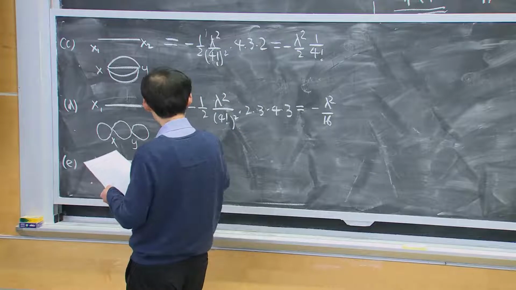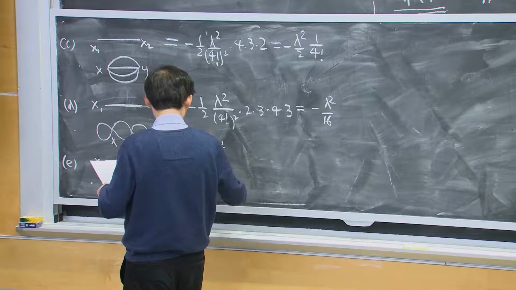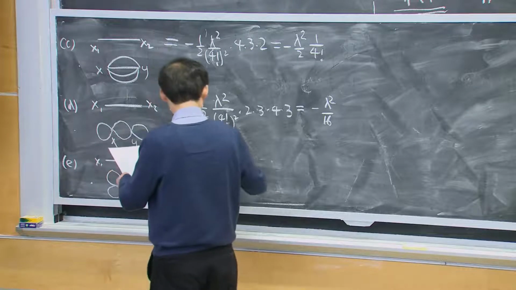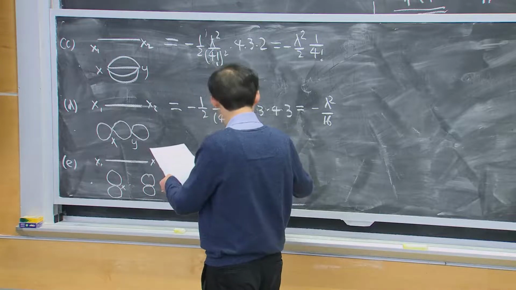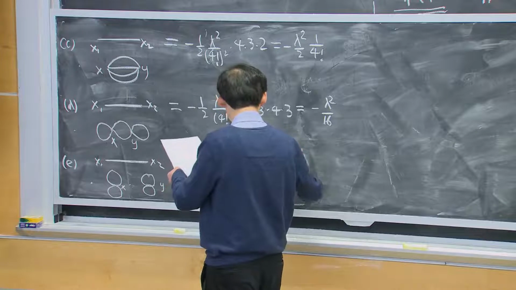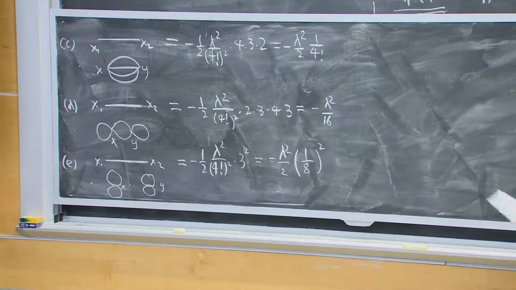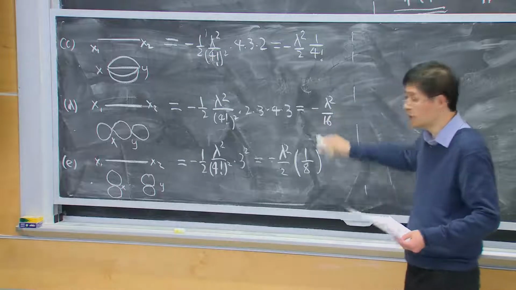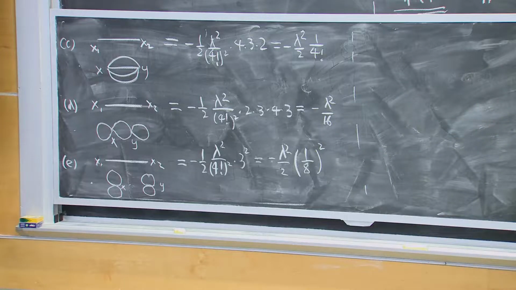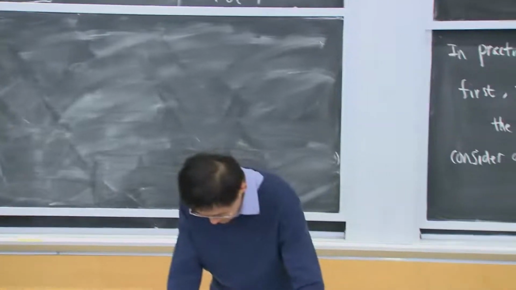This final one is minus 1/2 lambda squared divided by 4 factorial squared times 3 squared, which is given by minus lambda squared divided by 2 times 1/8 squared. I write them down just for you to check yourself later, and I urge you to do this exercise yourself later.